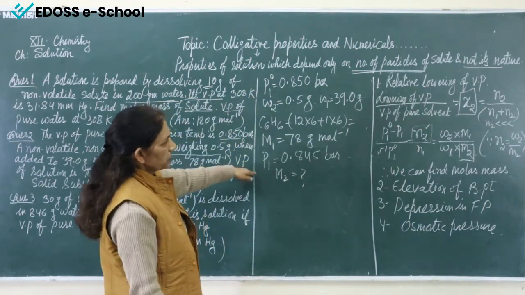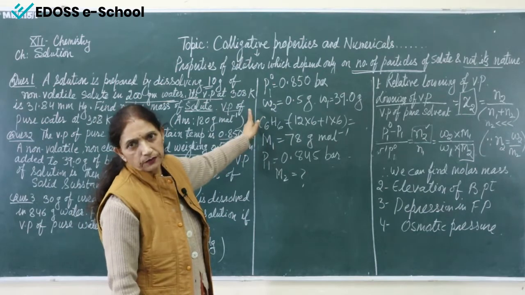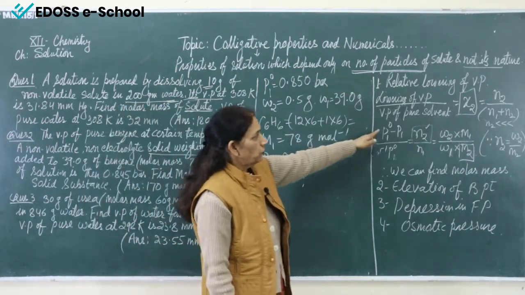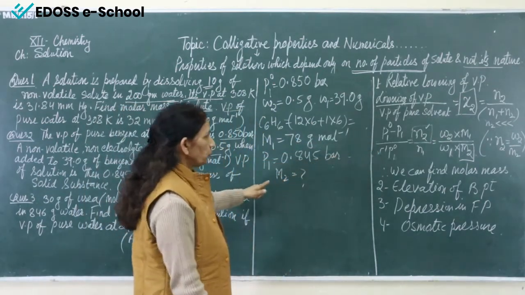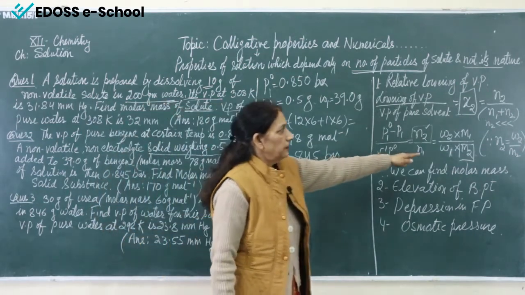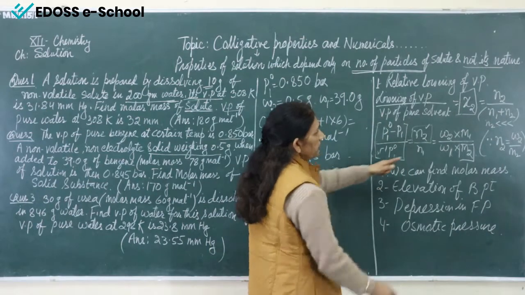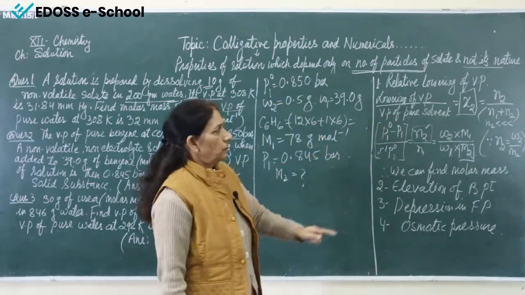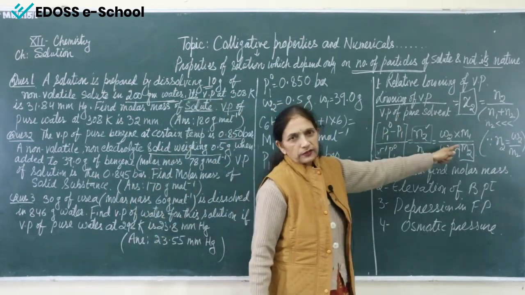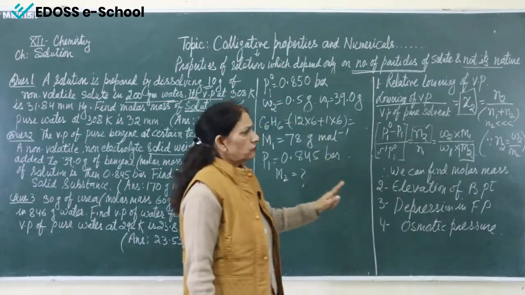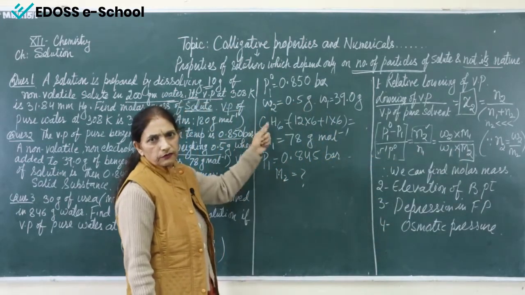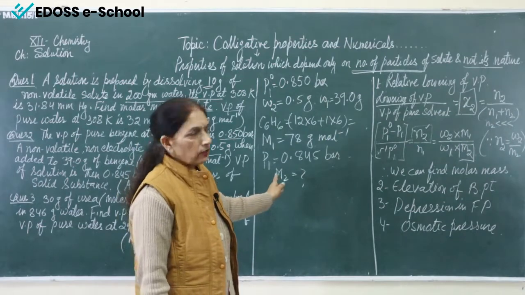The question is the same as the earlier question. Same way you have to put the formula, you have to put the values, first calculate this value and then put all the values here and find M2. So same question, same way you have to do this numerical also.